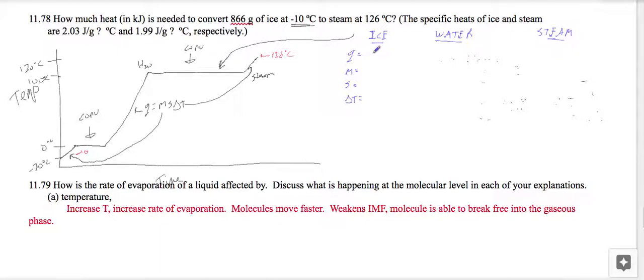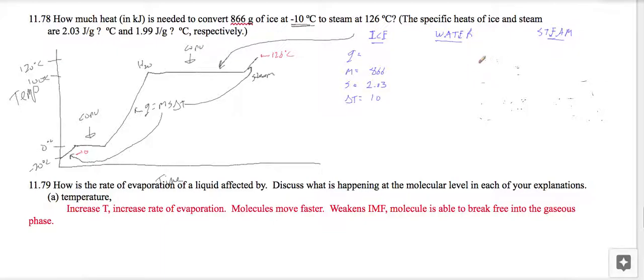So it starts at negative 10. The mass, 866. Specific heat, 2.03. Change in temperature, 10. It goes from negative 10 degrees to 0 degrees as ice.